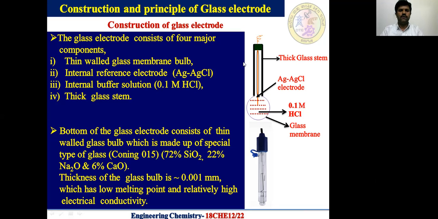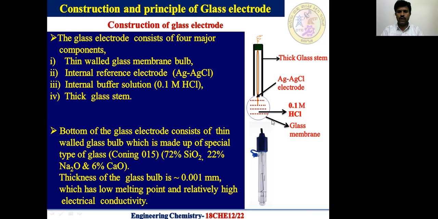They are a thin walled glass membrane bulb, an internal reference electrode, that is a silver chloride electrode, an internal buffer solution, that is 0.1 molar HCl solution, and a thick walled glass stem. So these are the main components of the glass electrode.